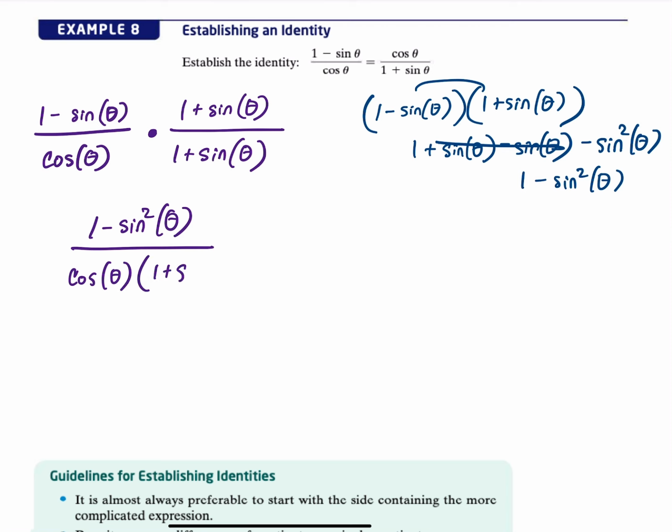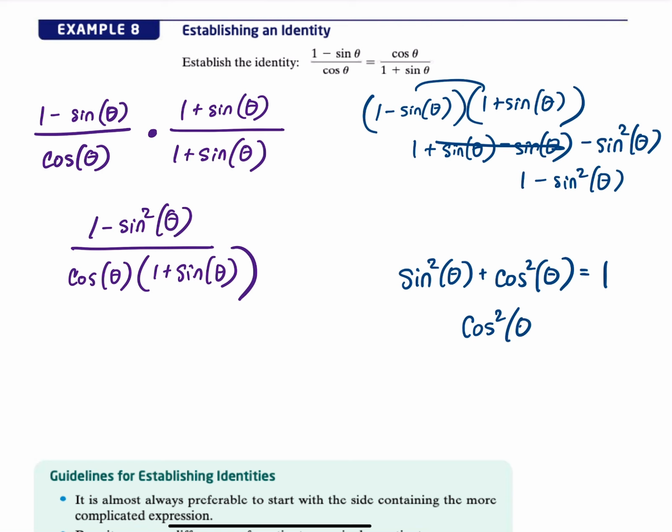over cosine times 1 plus sine. So we have that 1 plus sine that we're looking for. It looks like we want to ultimately cancel that cosine and end up with a cosine on top. And I see 1 minus sine squared. Let's remember, we've done this a couple times. If we start with the Pythagorean identity, sine squared plus cosine squared equals 1, and subtract sine squared over, we get this statement, cosine squared equals 1 minus sine squared.